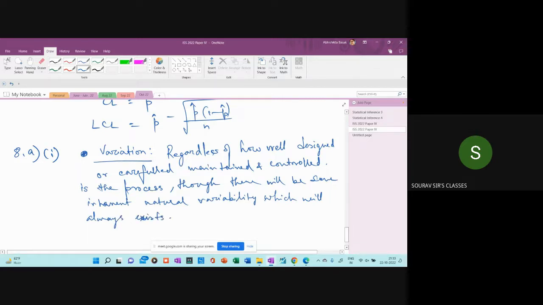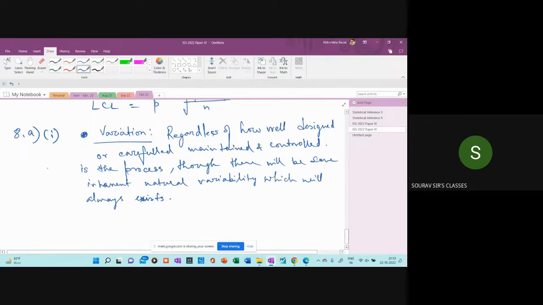Some natural variability, which we call the random effects, always exists, which is beyond my control, beyond the operator's control. This natural variability is random and beyond control.